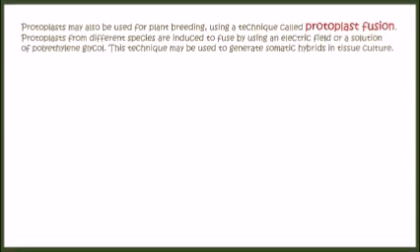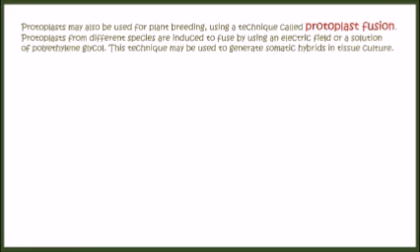Other than that, there are many techniques known as protoplast fusion, which are used to overcome species barriers. For example, a species of tomato and a potato are different, so they cannot reproduce with each other, right?